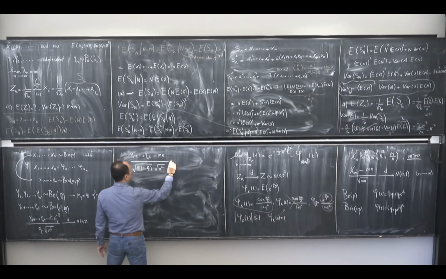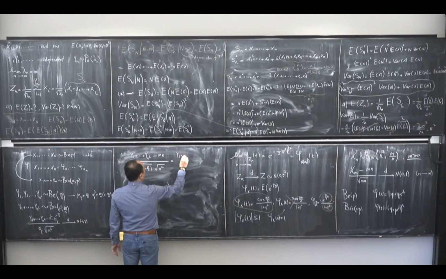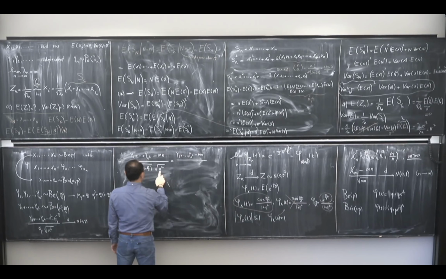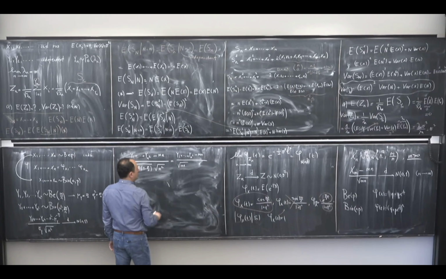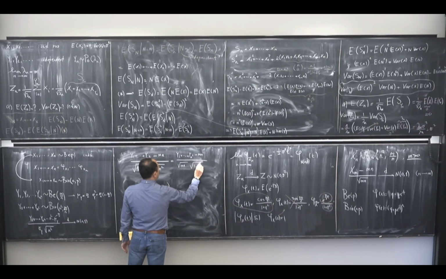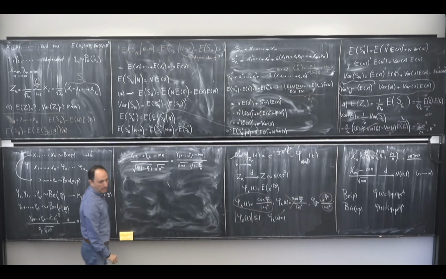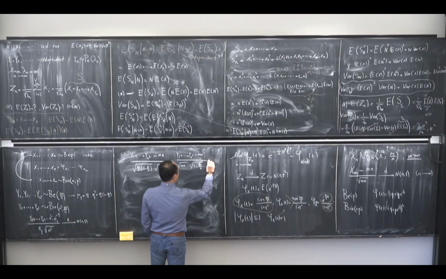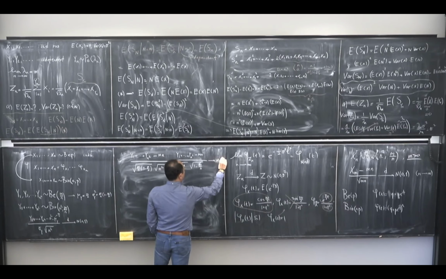So this means that I have y1 up to yn squared minus m/n divided by, if I multiply this in, it becomes the square root of m/n, and then the square root of 1 minus m over n. Yes, I know that this goes to N(0,1) in distribution.